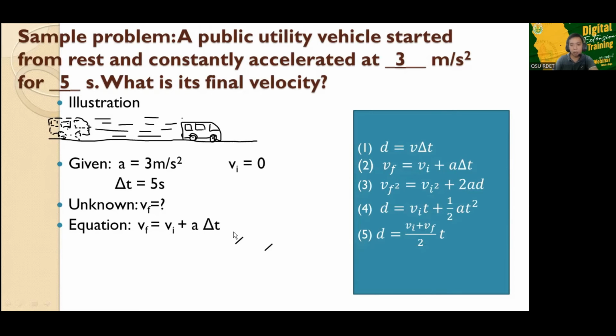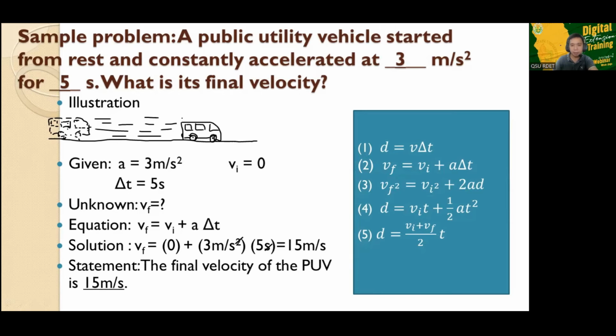So given this equation, again, for our solution, we just need to plug in the values. VI, 0, acceleration, 3 meter per second square, time interval, delta T, 5 seconds. So manipulating the equations, calculator answer, we get 15 meters per second.